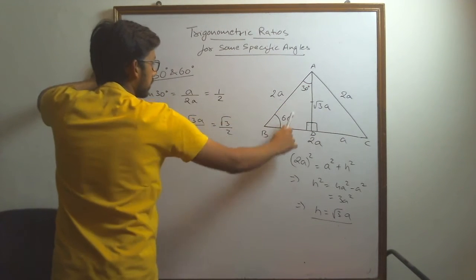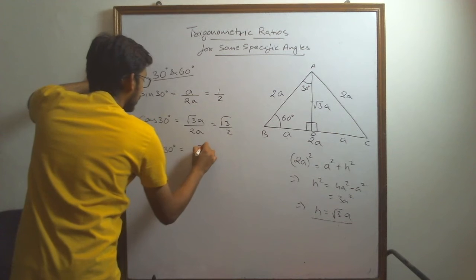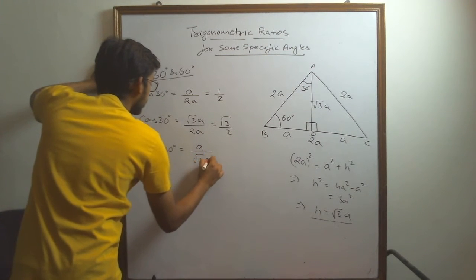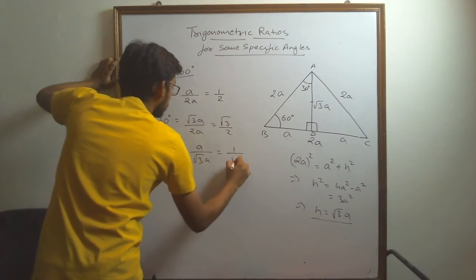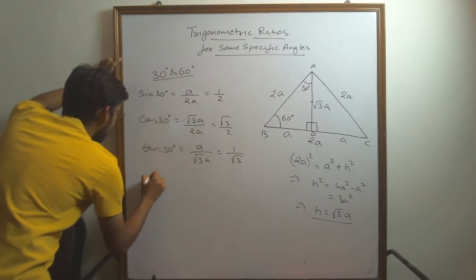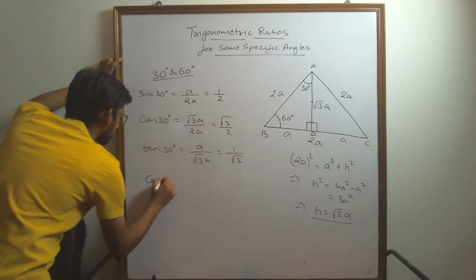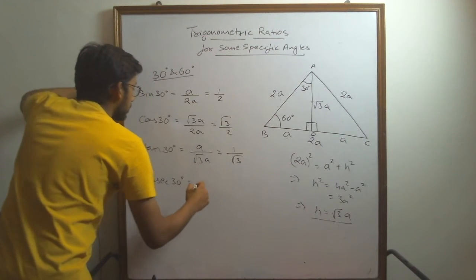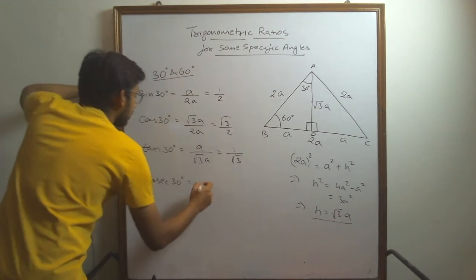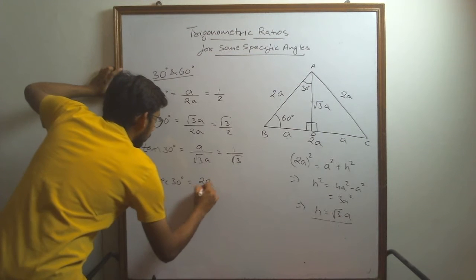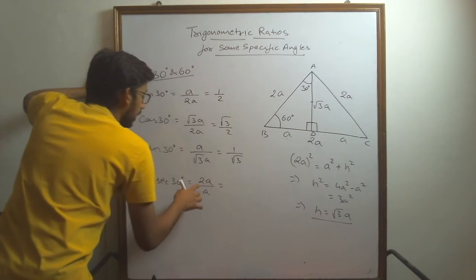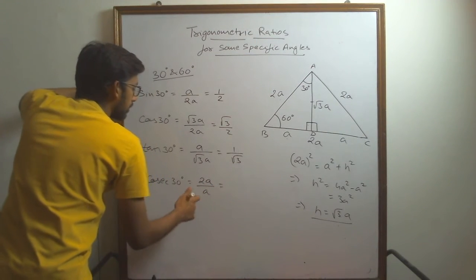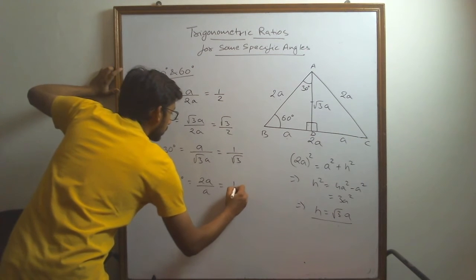Tan of this angle is opposite upon adjacent. So a upon root 3a, which is equal to 1 upon root 3. Cosec 30 degree is hypotenuse upon opposite, or the reciprocal of sine, so it is 2.